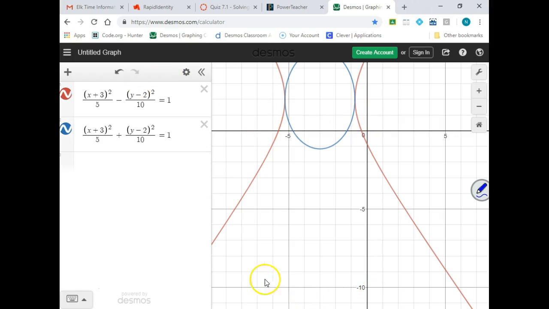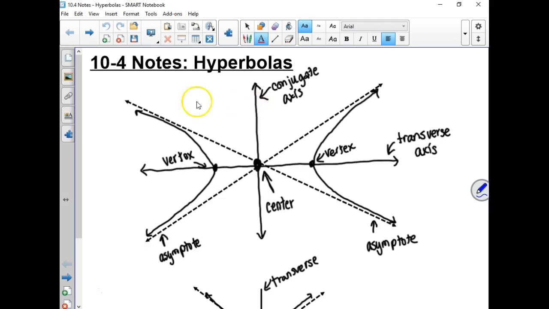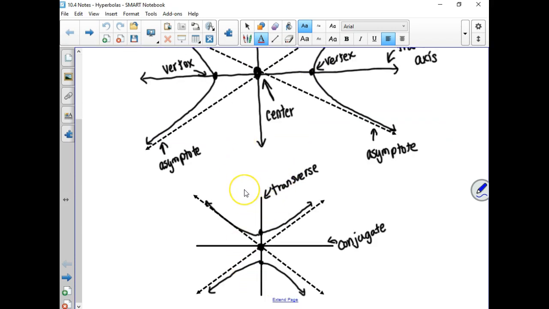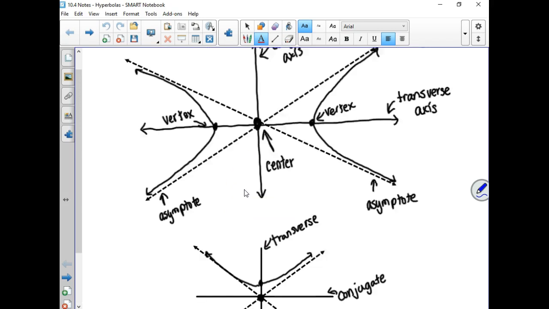So let's look at our notes for today. We've got some terminology we have to know. We also are going to graph a few of these, but not in as much detail as we've done the other problems. With a hyperbola, it can either open left and right, or it can open up and down, and we'll look at why they're different in a second.